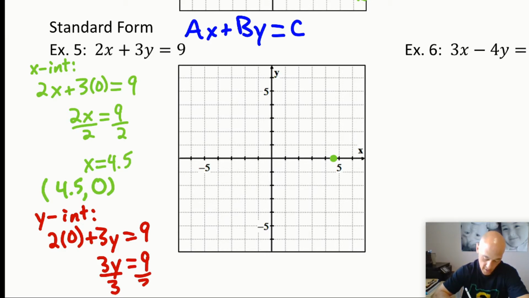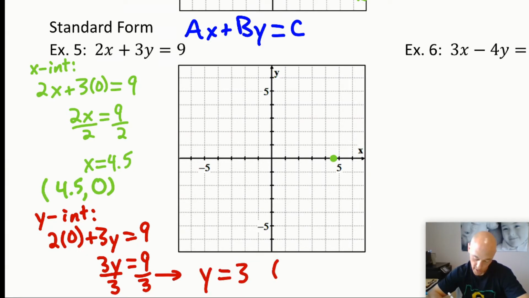Dividing by 3, I get y is equal to 3. And that gives me the point 0, 3 right there. And now I can connect those 2 points.